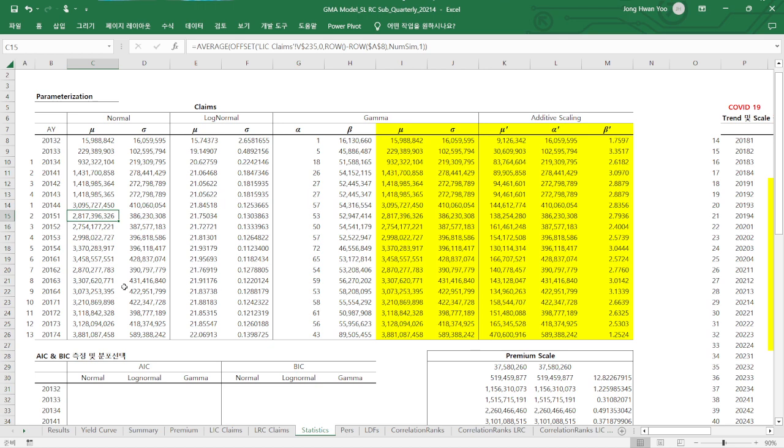Out of there, for each accident quarter, I have a normal distribution with mu and sigma all the way up to 2017 fourth quarter. And this is all based on the historical data.